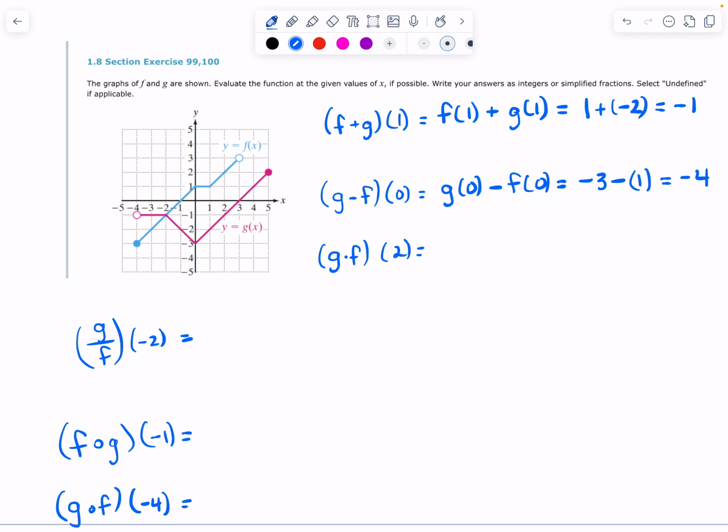G times f of 2, that's g of 2 times f of 2. So g of 2, g is the pink function, evaluated at 2 is going to be negative 1, and f evaluated at 2 is going to be positive 2.